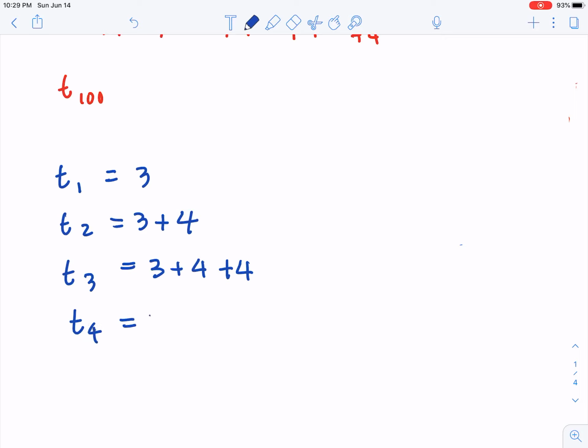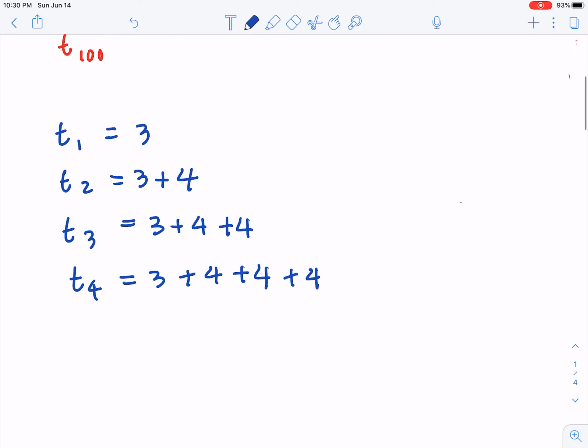And t sub 4 is 3 plus 4, which is t sub 3, and then another 4, no? And t sub 5 is equal to 3 plus 4 plus 4 plus 4 plus 4. Okay. Notice that we can write these as 3 plus 1 times 4.